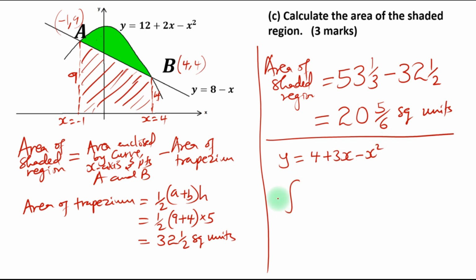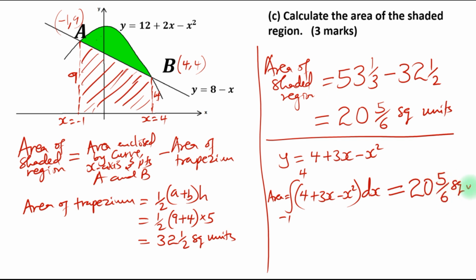We work it out, and the range will be to get that area just from minus 1 all the way to 4, and integrate 4 plus 3x minus x squared with respect to x. So if you do the same, you work out, you will end up getting 20 and 5 over 6 square units. And that is how you do the question.